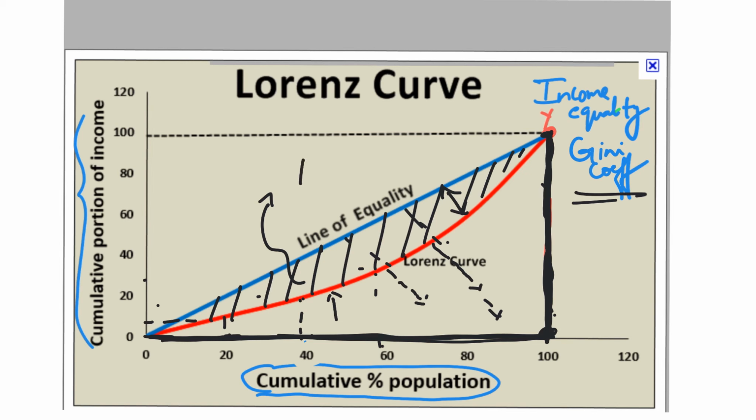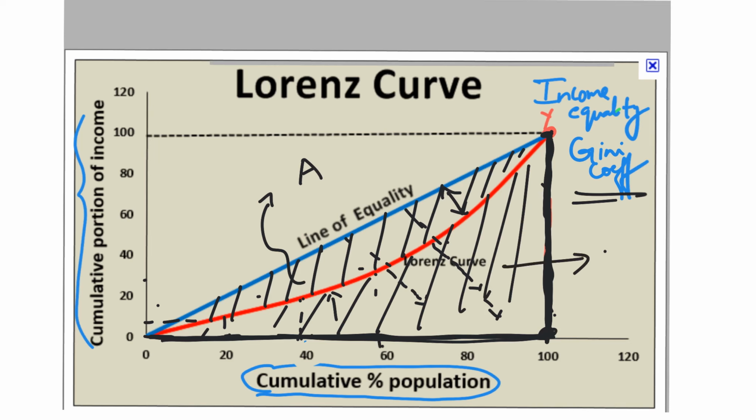I am naming this area as A. Now this area I am naming as B. So the Gini coefficient is nothing but A divided by A plus B. This area is the Gini, and this is the total area.